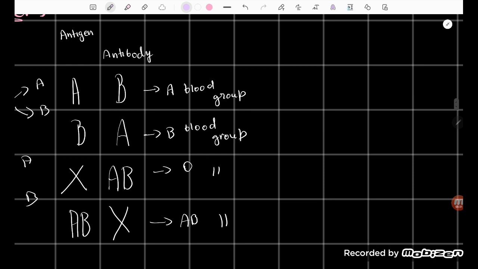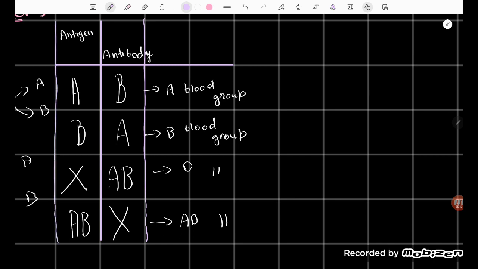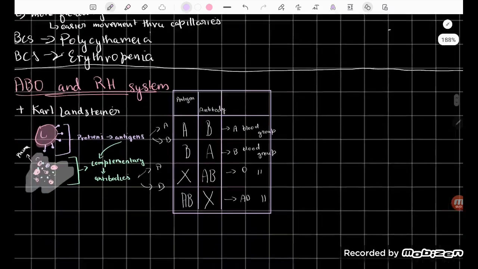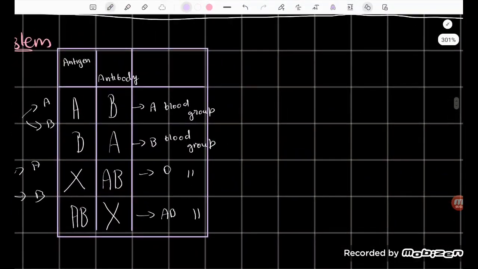Let me draw lines to make it a bit readable. Yay, the table is done.